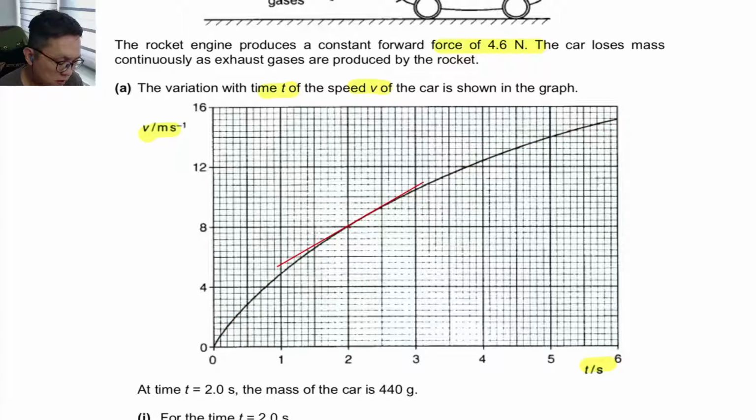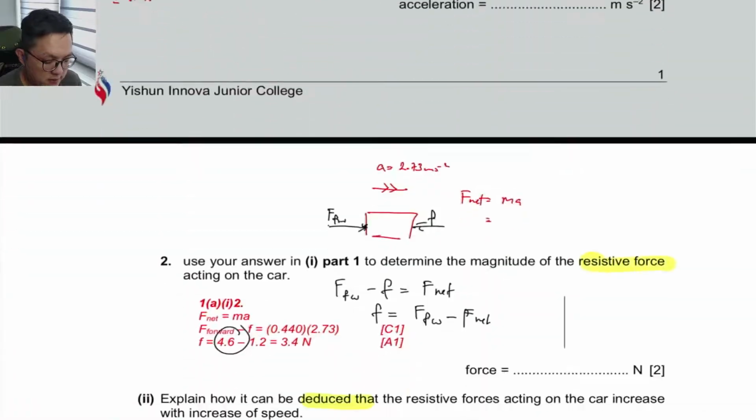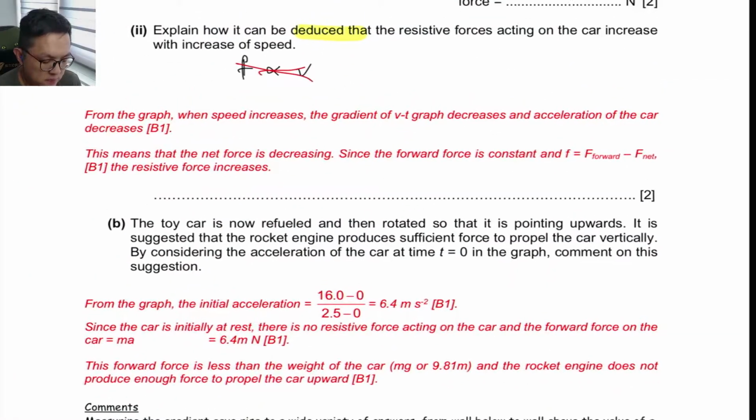Remember, because your acceleration is equal to delta v over delta t... sorry, hold on, mic drop, literal mic drop moment. So if your gradient is becoming less steep, this is becoming smaller as well. If you go back to your answer here, this is the first mark.